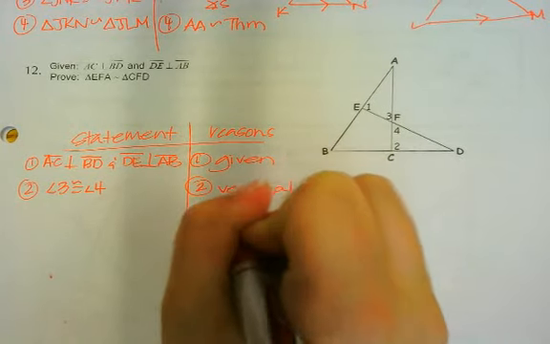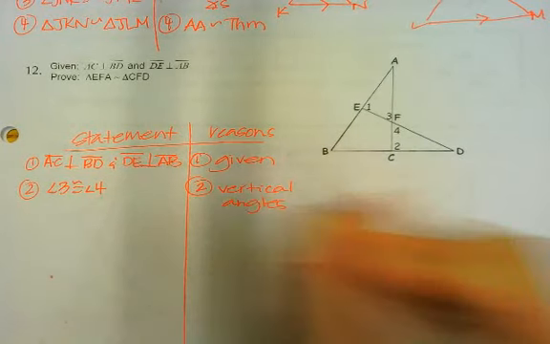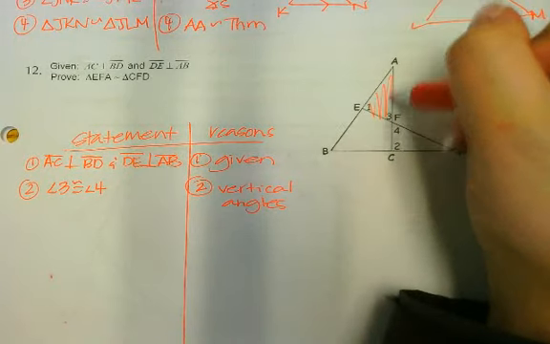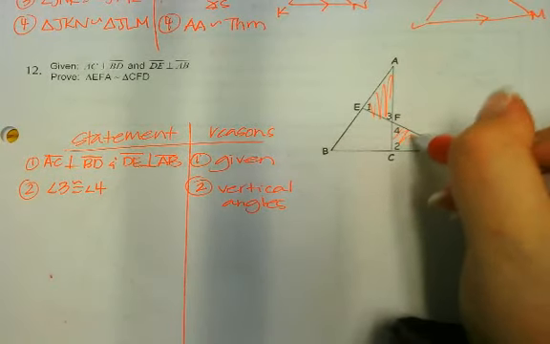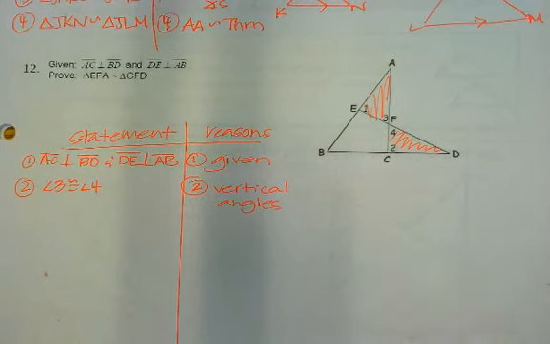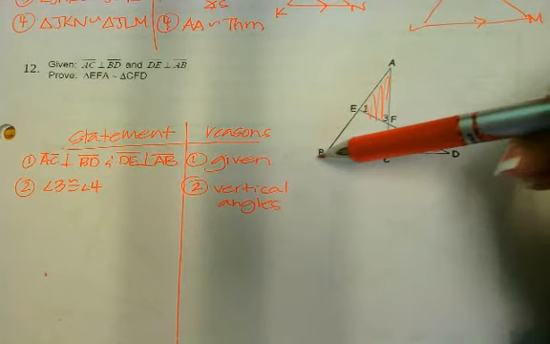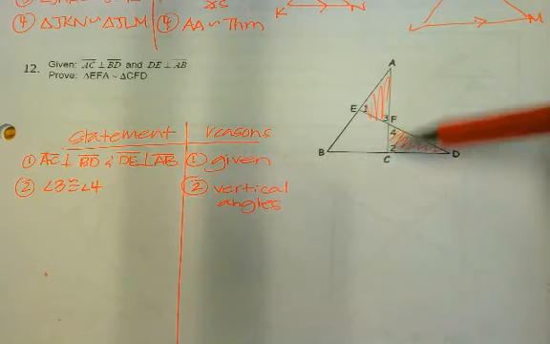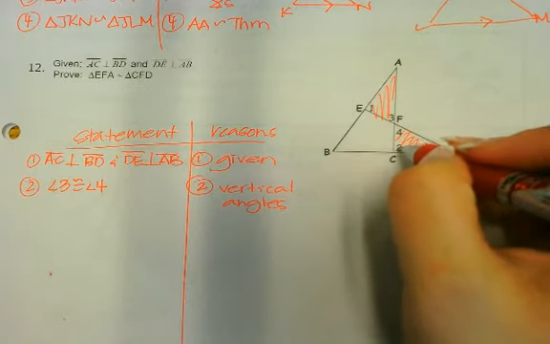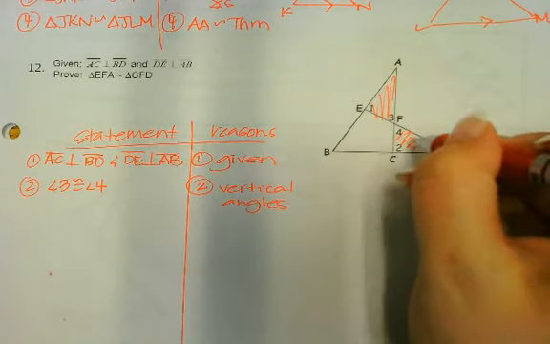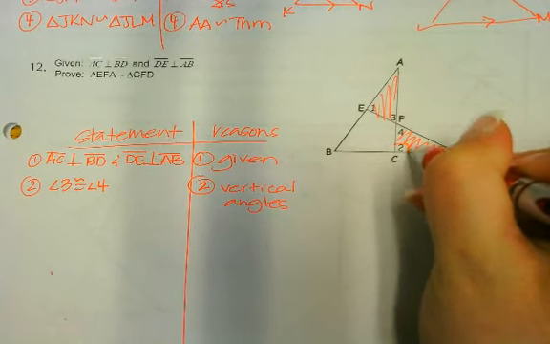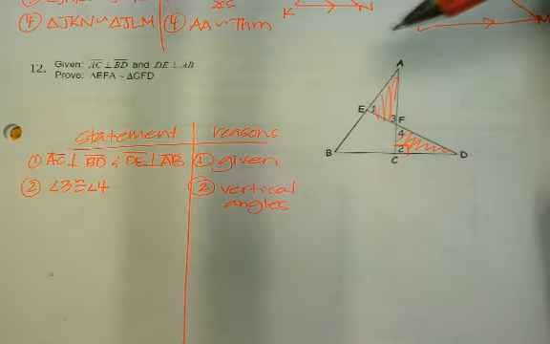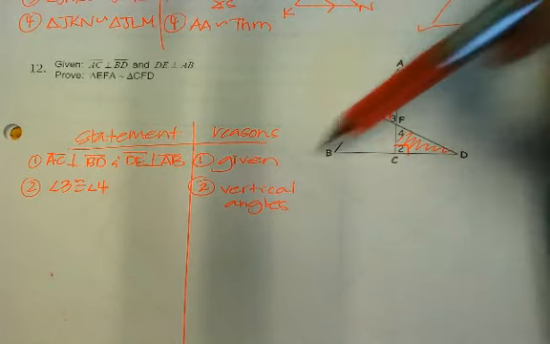Okay, so we're trying to prove that this guy is congruent to this guy. Okay, so if AC is perpendicular to BD, what do we know happens around here? What kind of angles are produced when you are perpendicular? 90. Okay. And DE is perpendicular to AB, so what's happening over here?